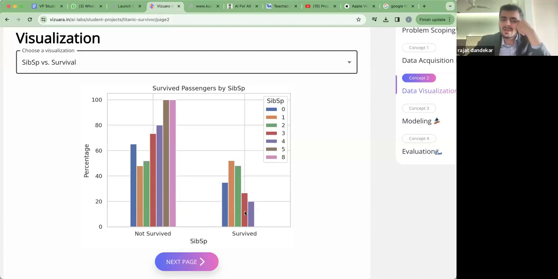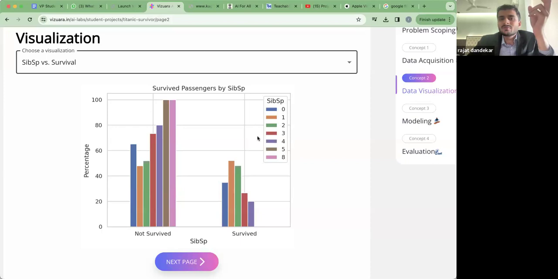Some of the teachers had previously guessed in our previous batches that if you have big families, up to 8 or 10, maybe you'd get a preference, but it's not the case. Only people who have one or two SibSp have the maximum survival rate, which means that if you are a couple, or a couple with a child. So mainly we are looking at couples.